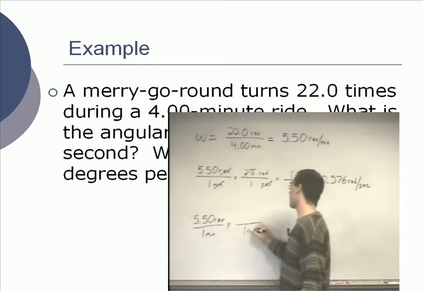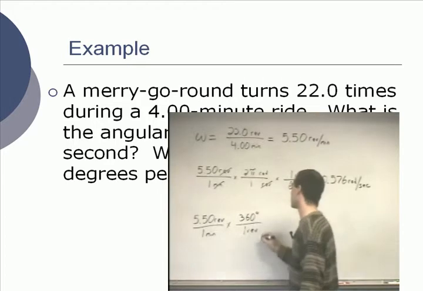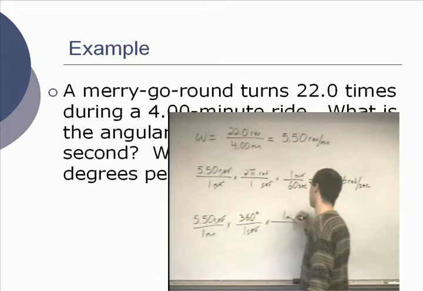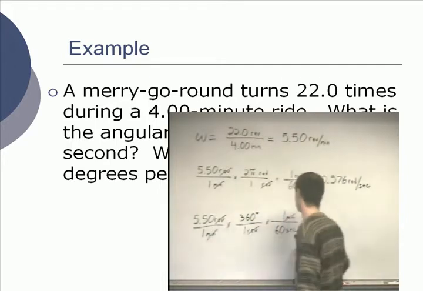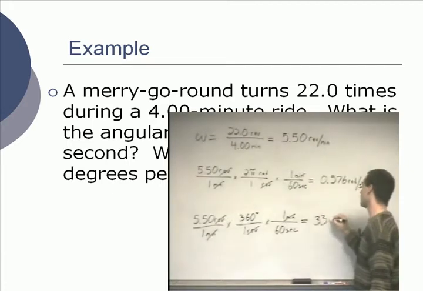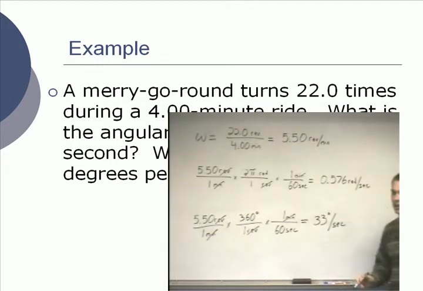Except instead of getting rid of revolutions and going to radians, now we're going to go to degrees. And if you crank that out, you'll find out that this thing is turning at a rate of 33 degrees per second.